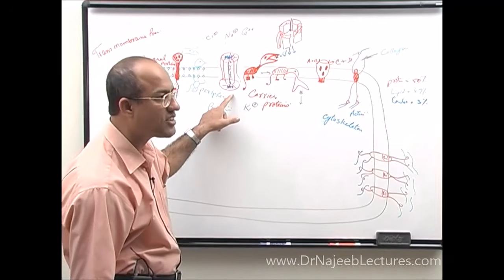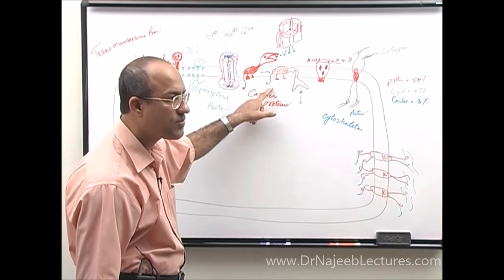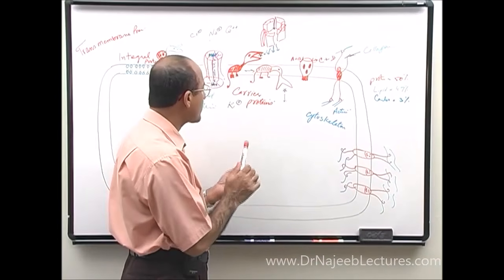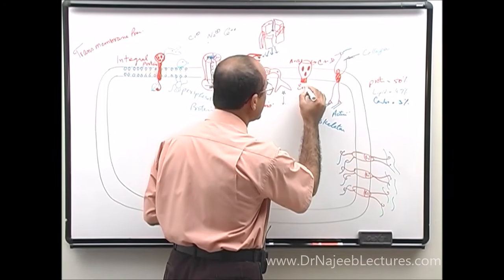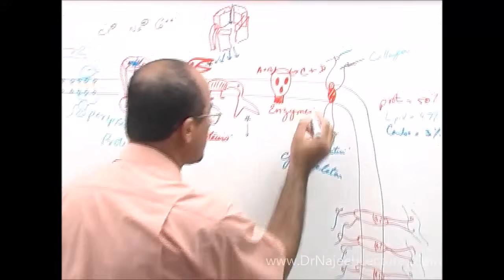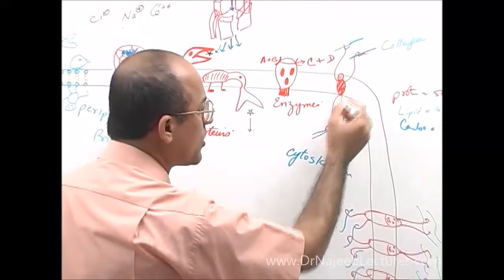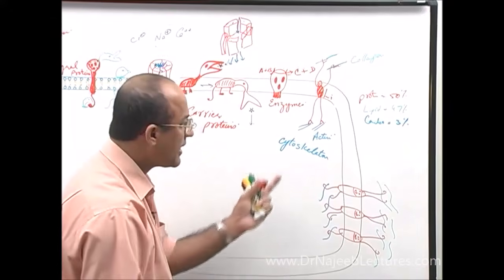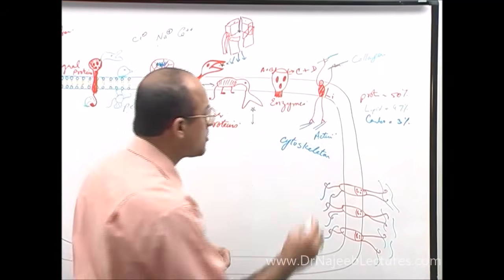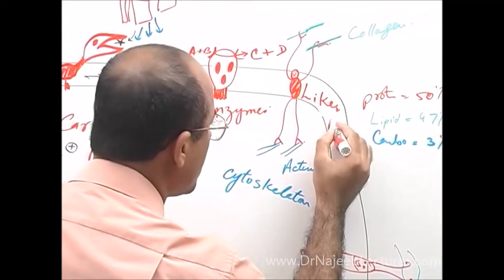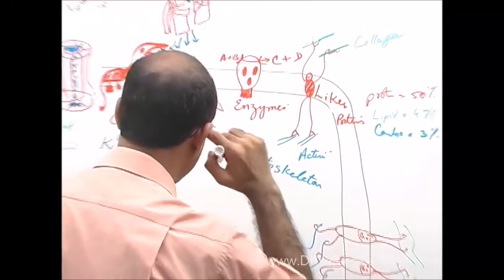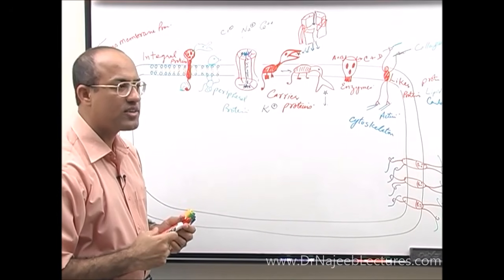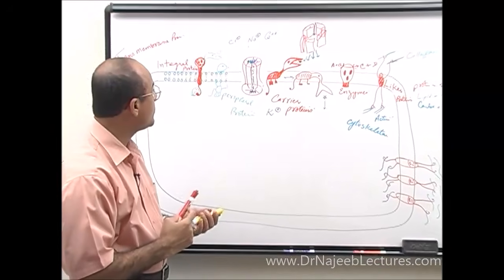Integral proteins may be acting as channels, carrier proteins, enzymes, and of course they may be acting as linker proteins. They produce a link between intracellular and extracellular proteins.